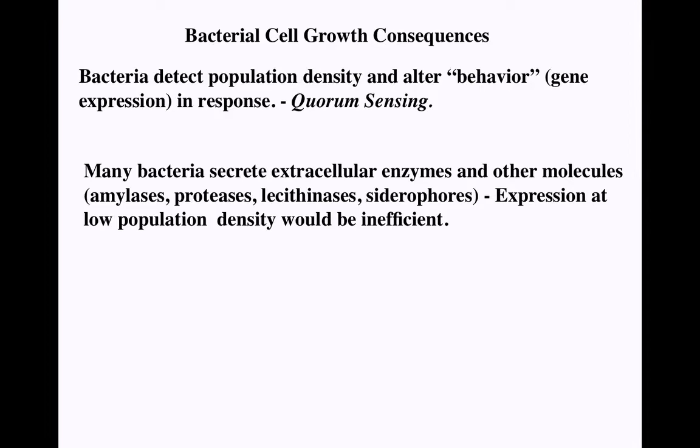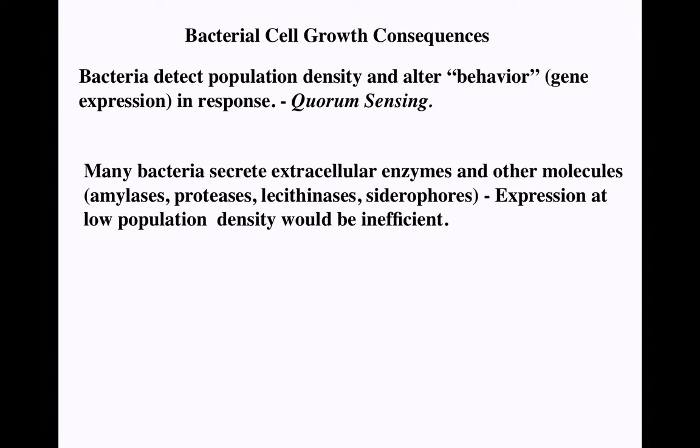Instead, they secrete enzymes like amylases to break down starch in the environment, proteases to break down proteins, lecithinases to break down fats, and siderophores, which we talked about as a means to bring in iron. All of these molecules are secreted at great cost to the bacteria.